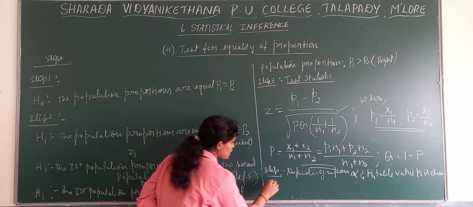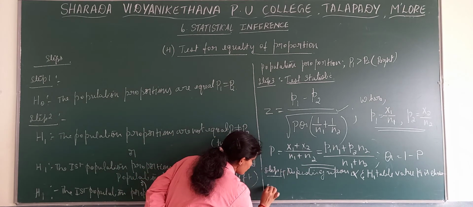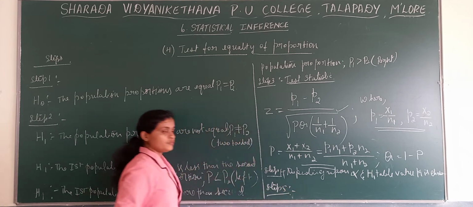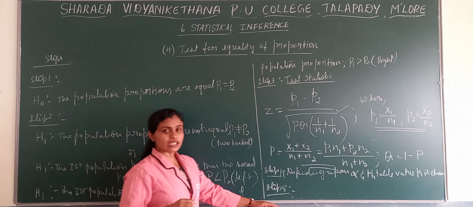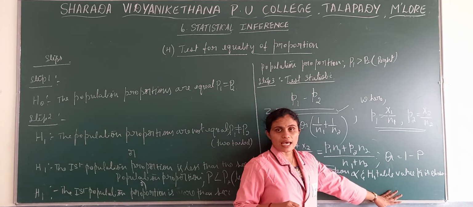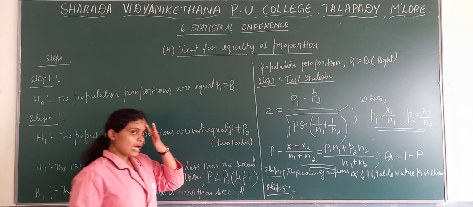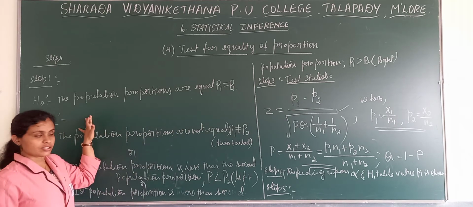Then there comes the last step, the fifth one. If the calculated value lies in the acceptance region, H0 is accepted, otherwise H0 is rejected.